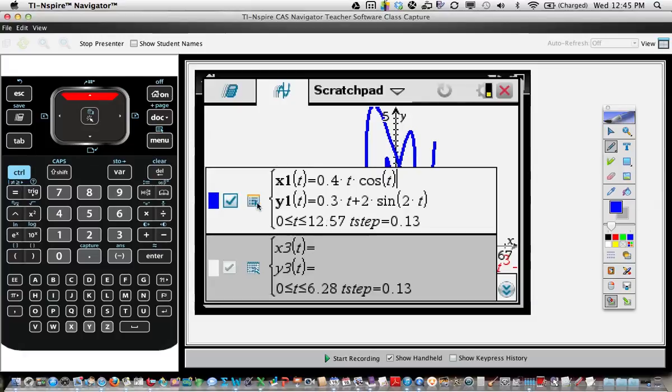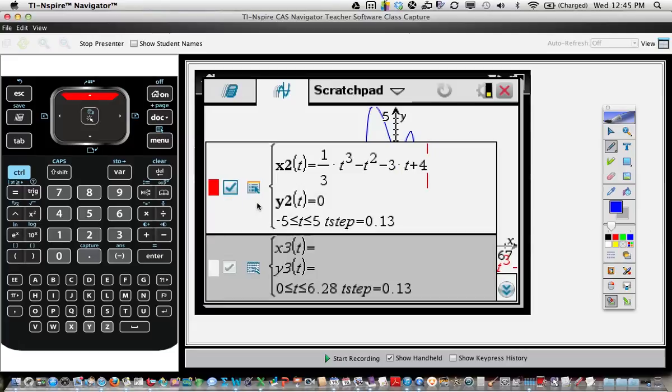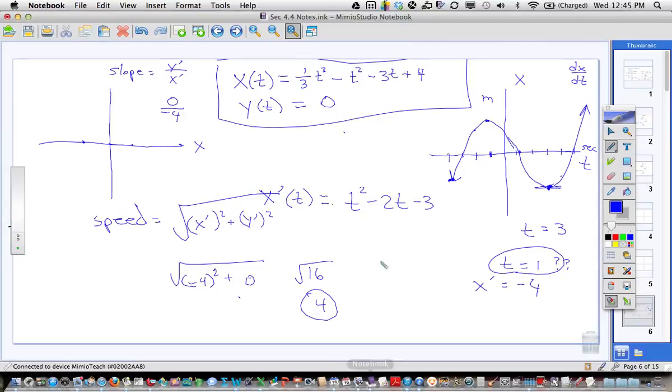All right, and now, yeah, go back and reset your window. It was like -5 to 5, I think. Oh yeah, turn that one off. Good idea. Okay, well you're looking at that.